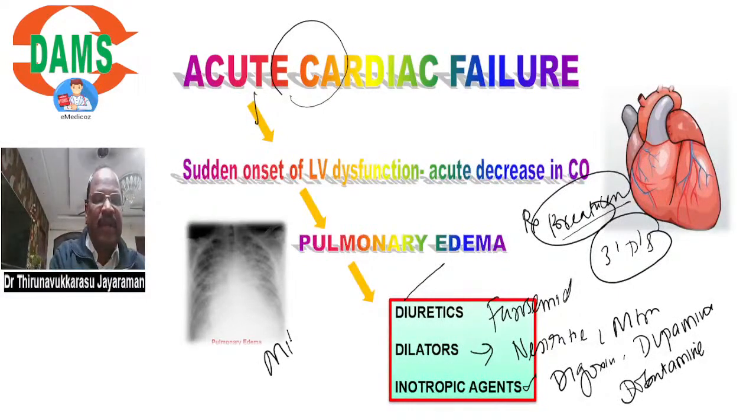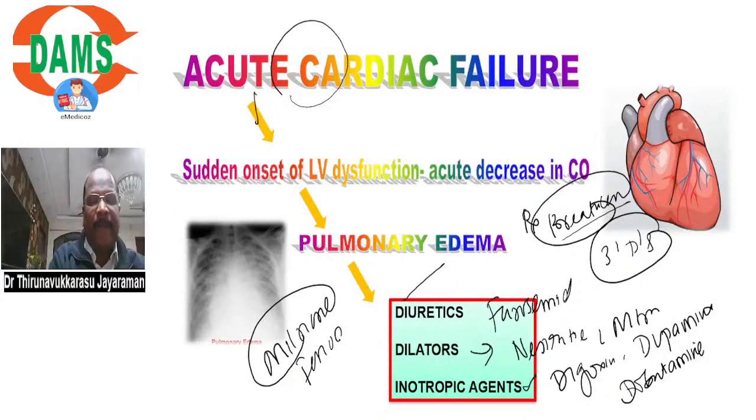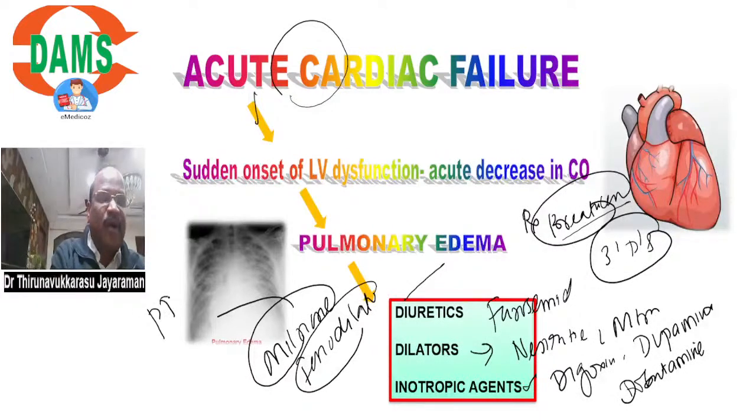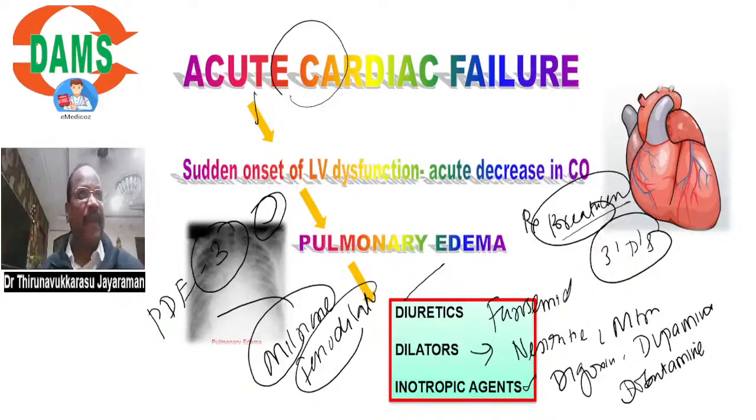Yes, you are right, milrinone is one of the inodilators. Usually we don't use this nowadays because they cause more side effects. These come under phosphodiesterase 3 enzyme blockers like amrinone and milrinone, but they cause so many adverse effects. We don't prefer them in treatment of heart failure. Now, that is symptom relief.